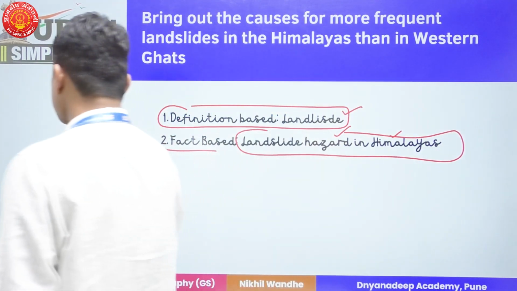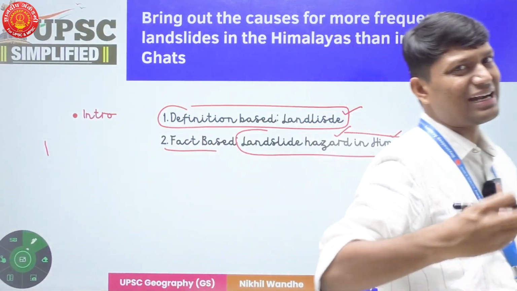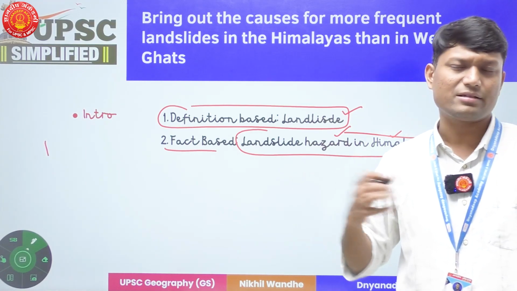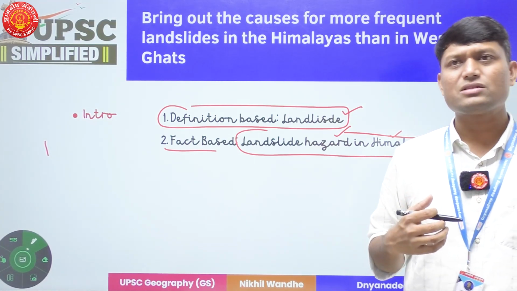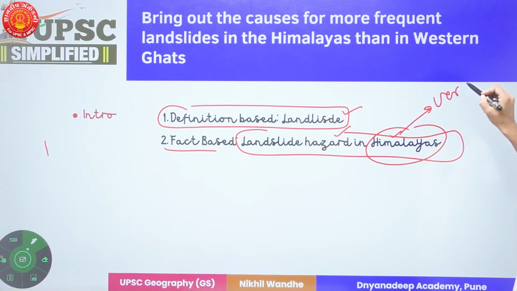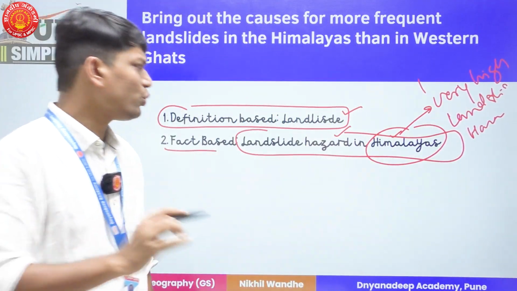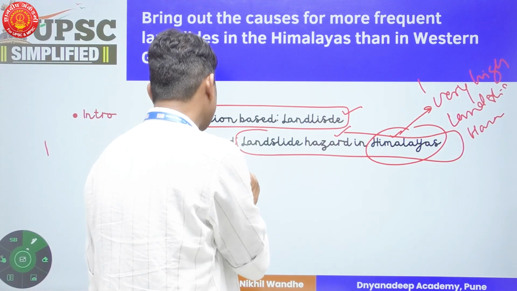There is the national landslide hazard map, or atlas as it is called, and in that atlas you will find that the Himalayas are categorized as a very high landslide hazard zone. Fine. So this can be your typical fact to start with.